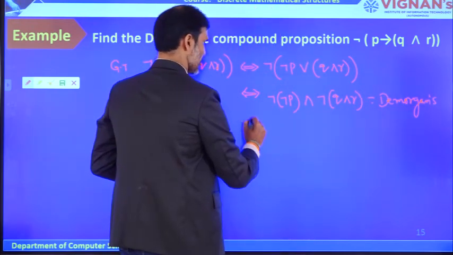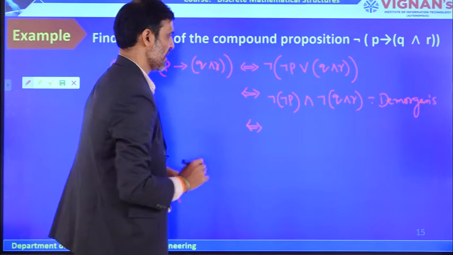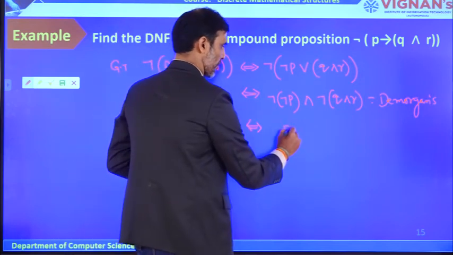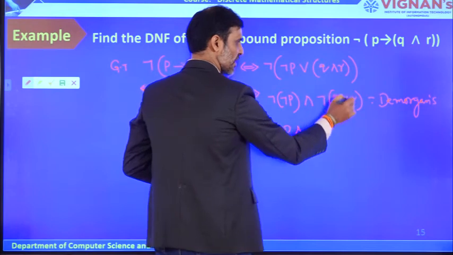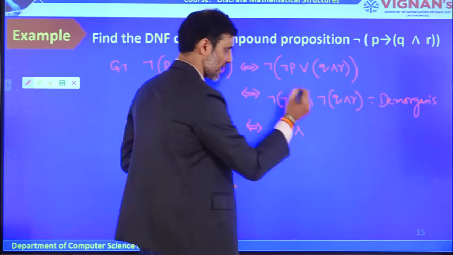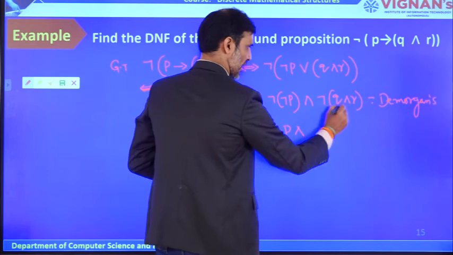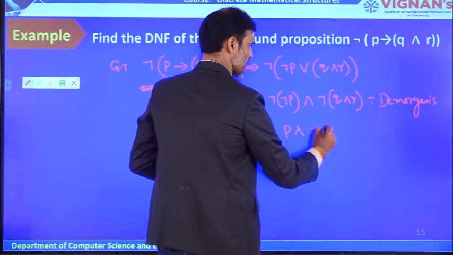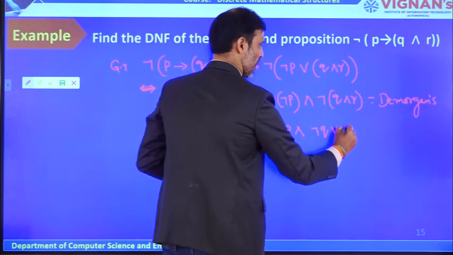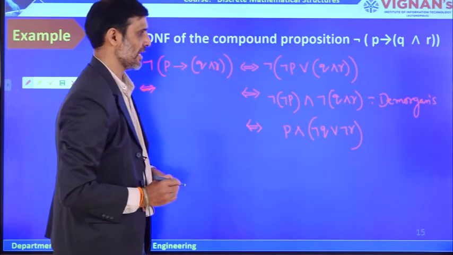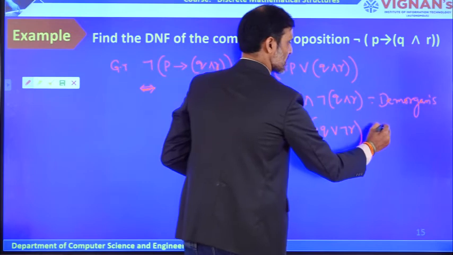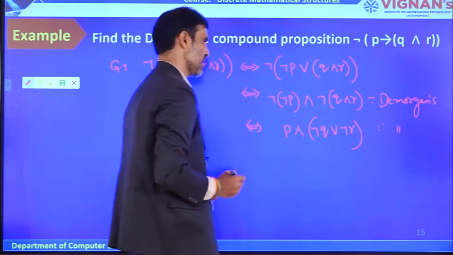And then negation of negation P is P. Again, because this negation appears in front of a compound proposition, push it in. Again apply De Morgan's law: negation of Q or negation of R. It is the same law we used here.